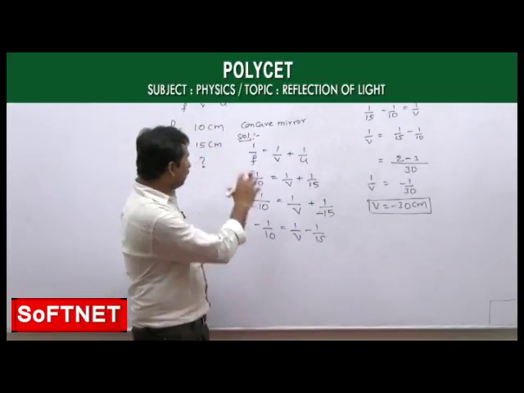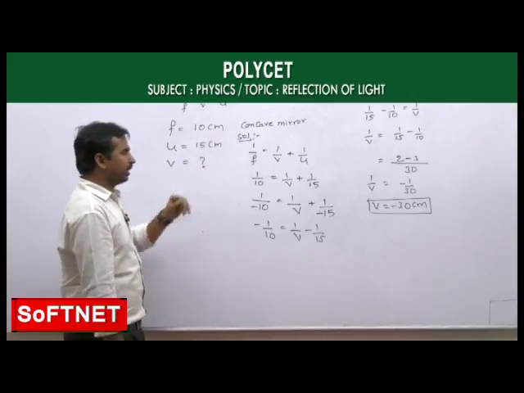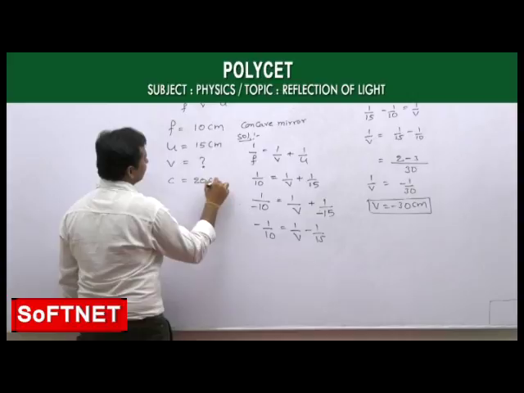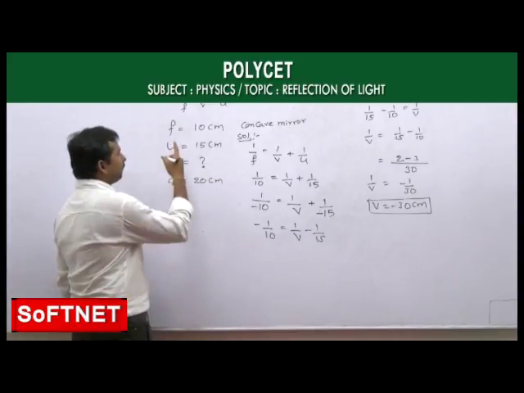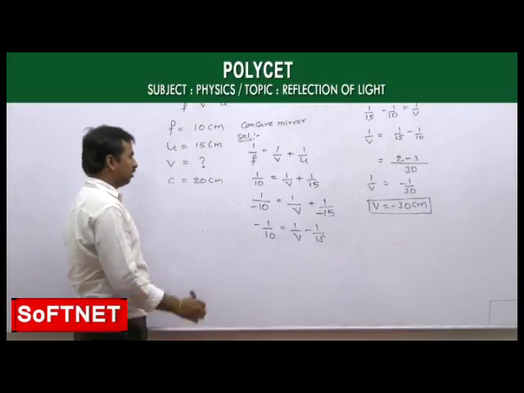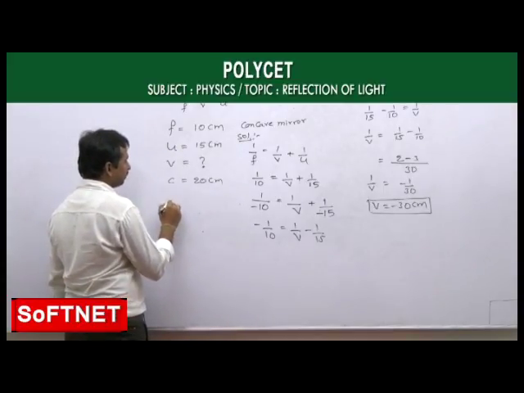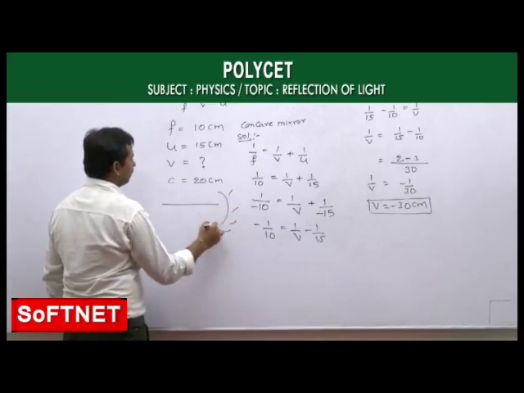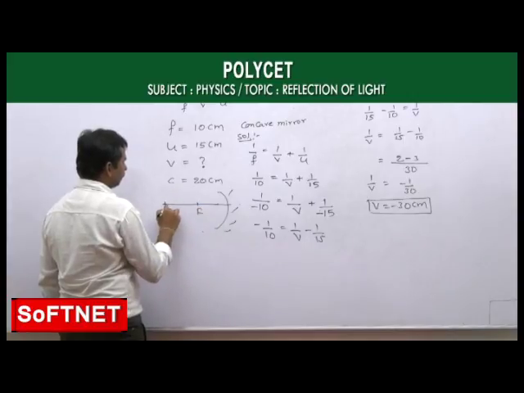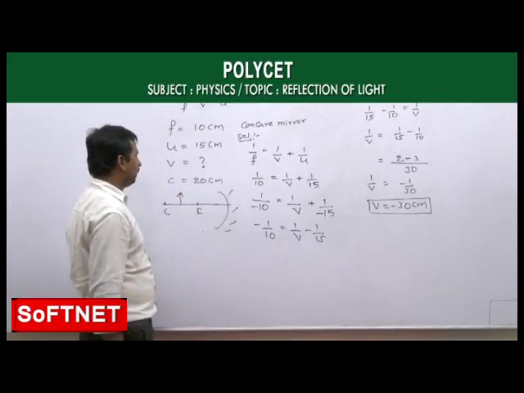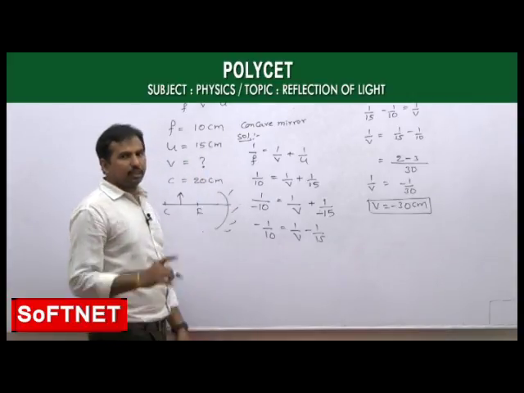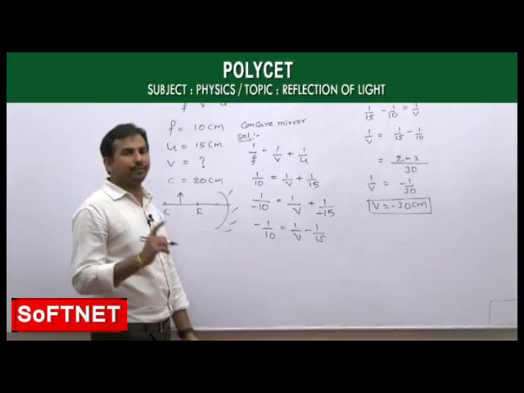For example, in this problem, as the focal length is 10, its center of curvature position becomes 20 centimeters, that is the C value. F is at 10, C is at 20. Then the object distance u is 15, which means the object is placed in between C and F. As the object is in between C and F, the image has to form in between C and infinity.